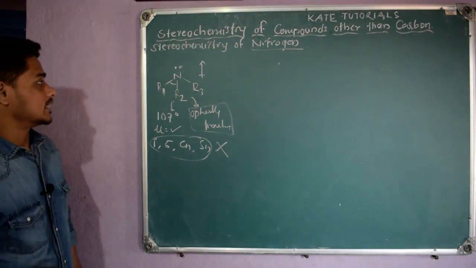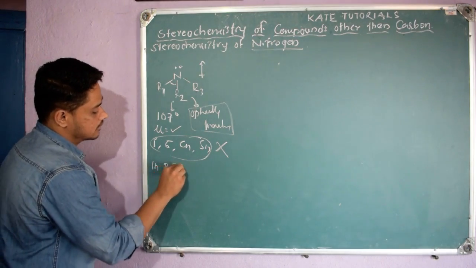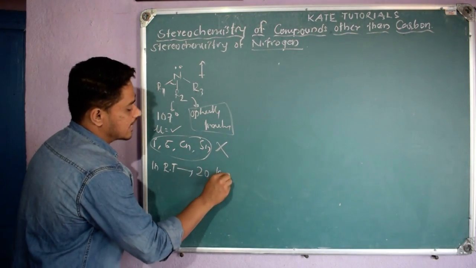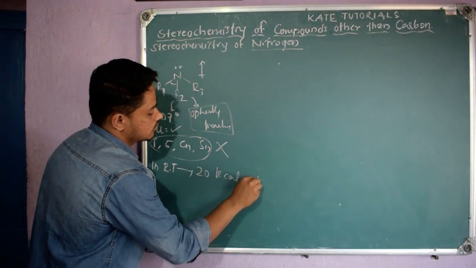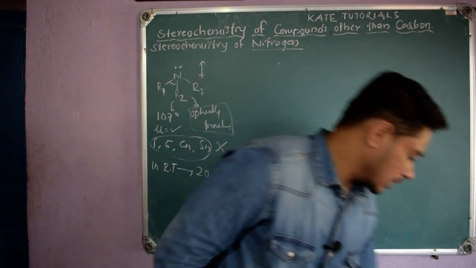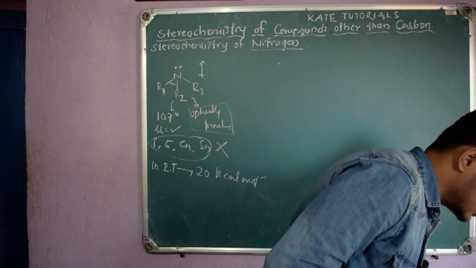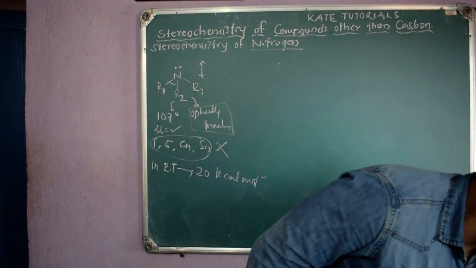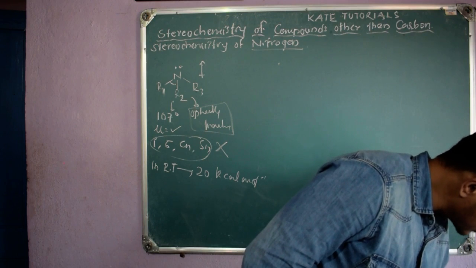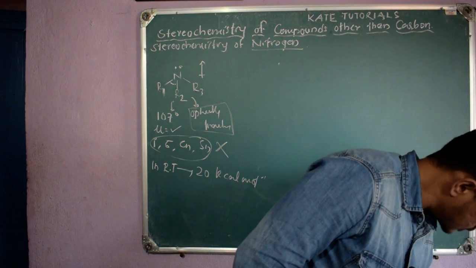Why is it so? The reason is, at room temperature the energy will be around 20 kilocalorie per mole. Let me check it, because I should not give you wrong data. It is 20 kilocalorie per mole, I guess.